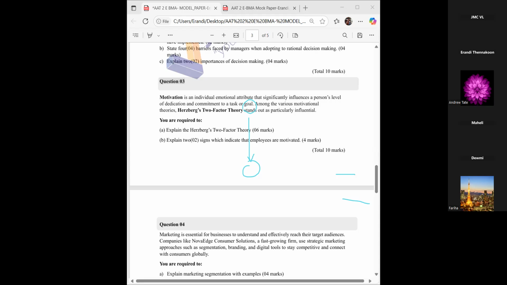So if working conditions are not at the required level, if job security is absent, or if there are no interpersonal collaborations or teamwork, it will create dissatisfaction about the working environment. If there are tough supervisors, it will create job dissatisfaction. So these are the hygiene factors which create a negative attitude about the work, and create a burdensome and mismatched working environment.